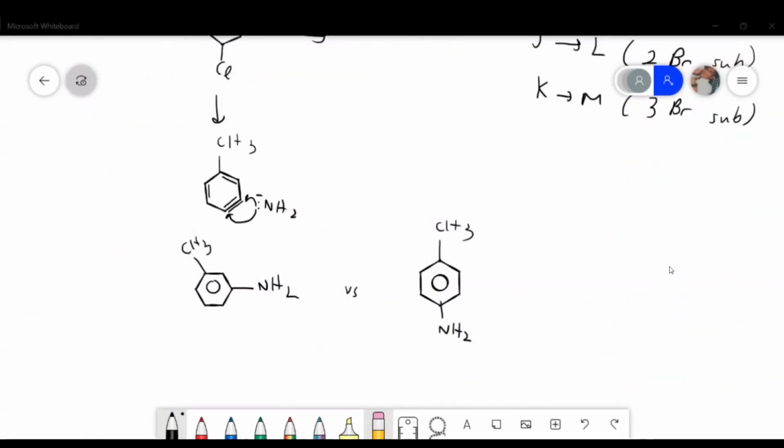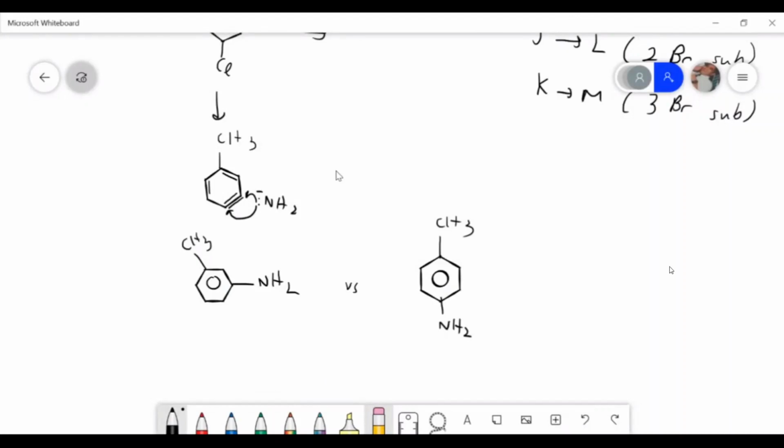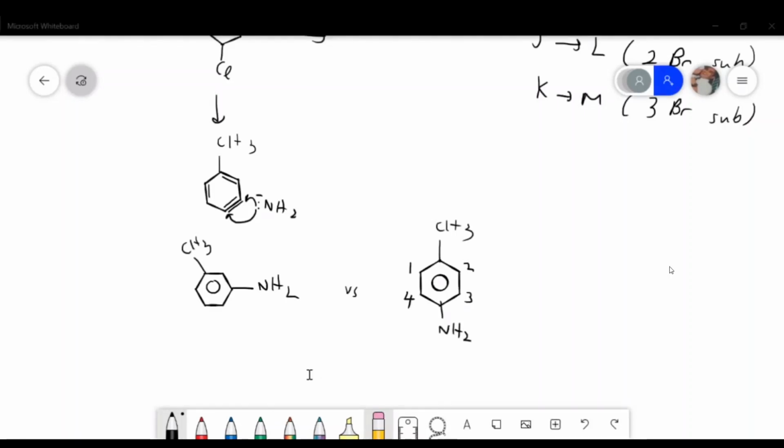Now, this is where the second trap occurs. I'm labeling the carbons. What do you think are the 2 and 4 positions? Which carbons are the 2 and 4 positions in this molecule for the one I labeled on the right, and which carbons will be the 2 and 4 positions with respect to NH2?